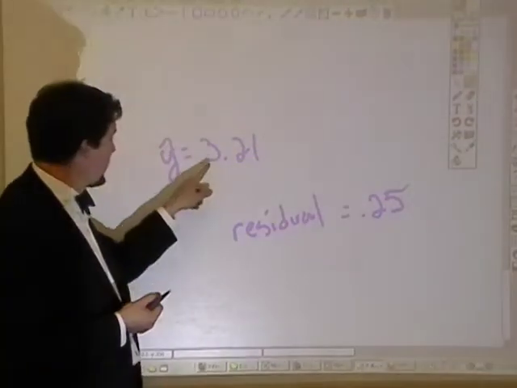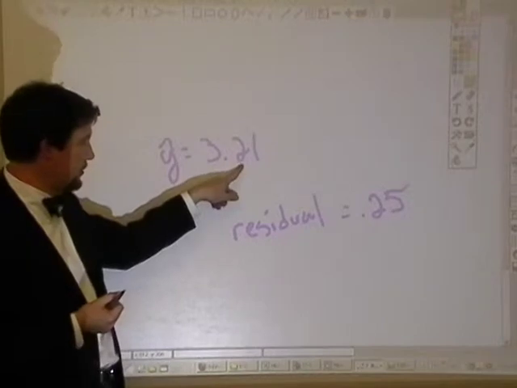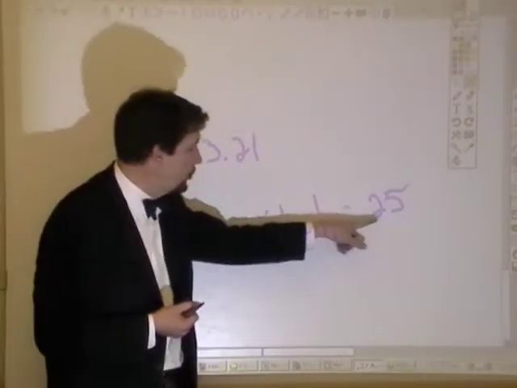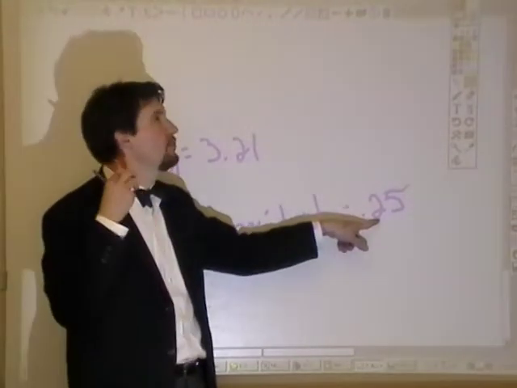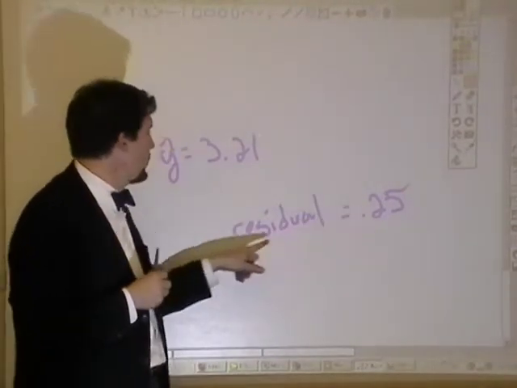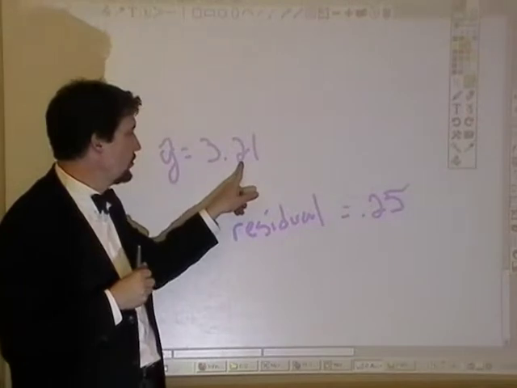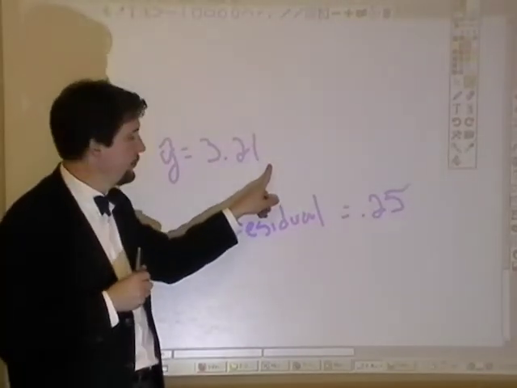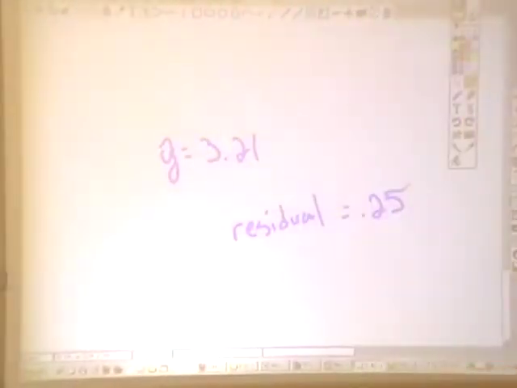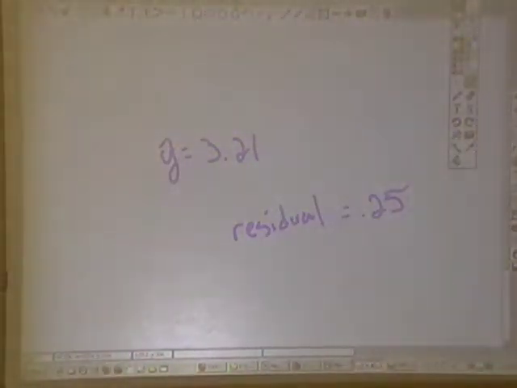So what I can do is take that original predicted value of 3.21, add 0.25 to it, and I would expect to find that the observed value is going to be at 3.46. I'm hoping that that is something that works well for us.